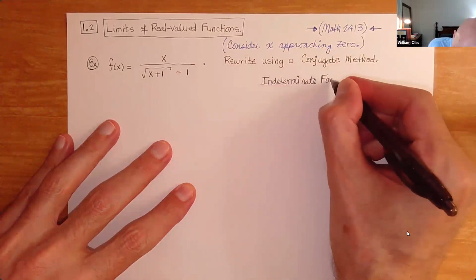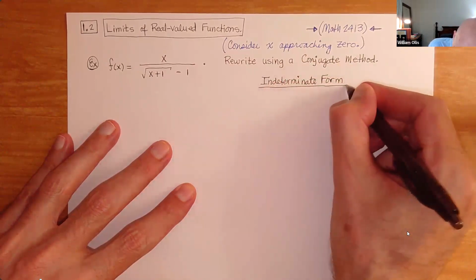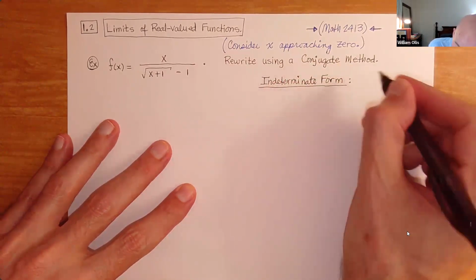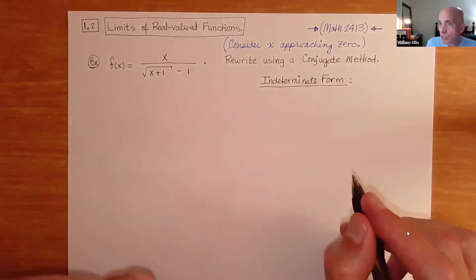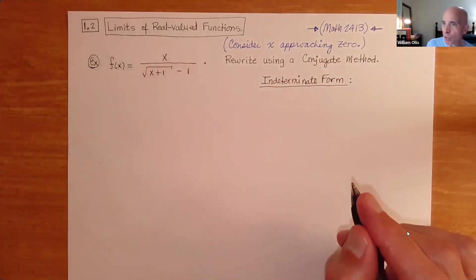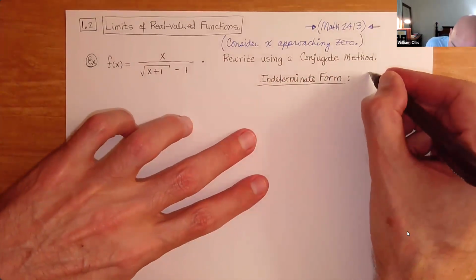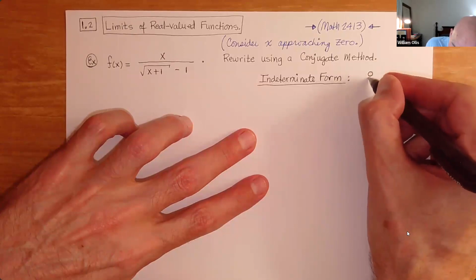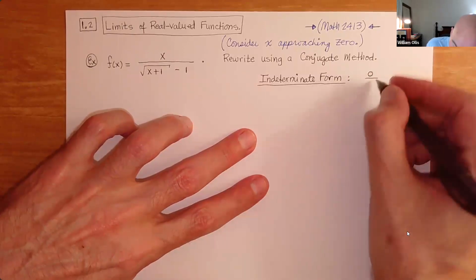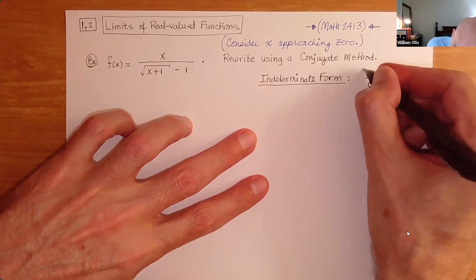And this will play a large role in what we do in this class and in other classes, even in Calculus 2, as we develop other techniques for computing limits. So when we say indeterminate form, what we're saying is that the numerator is getting close to 0 and the denominator is doing likewise.